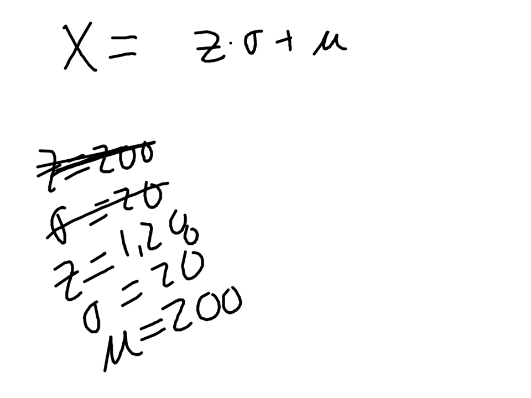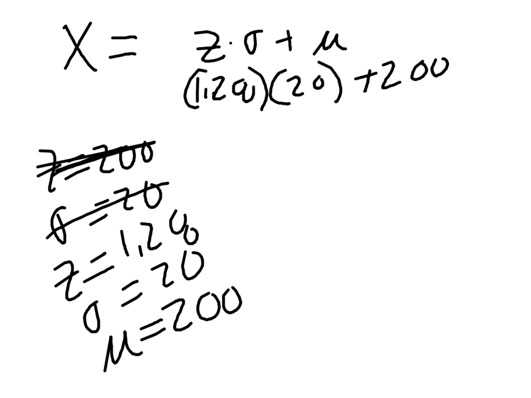This will allow us to determine that cutoff score, and this is used all the time in like situations. So it's going to be 1.28 times a standard deviation of 20 plus 200 equals our cutoff score X.